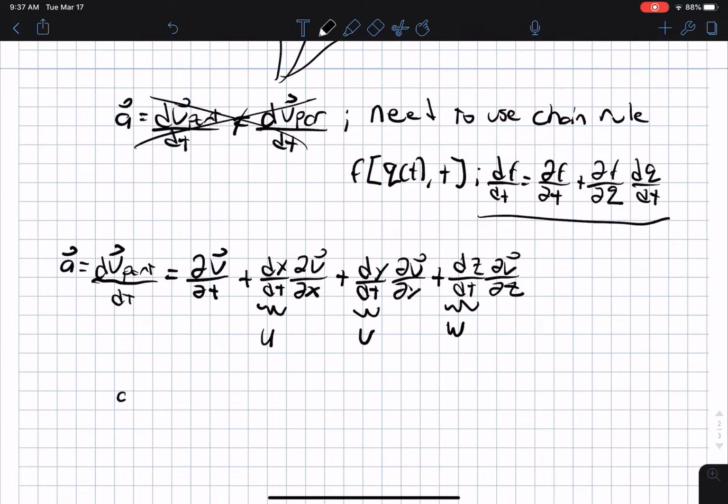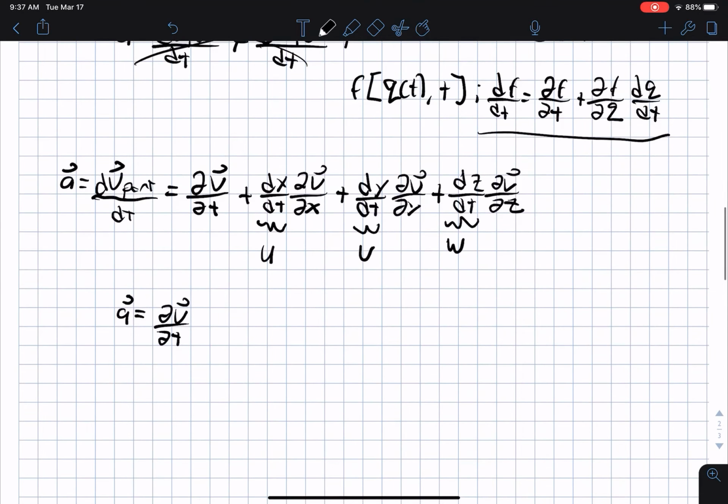So the acceleration equals partial v partial t, which is the time derivative component of that, plus u partial v partial x, plus v partial v partial y, plus w partial v partial z. Okay?